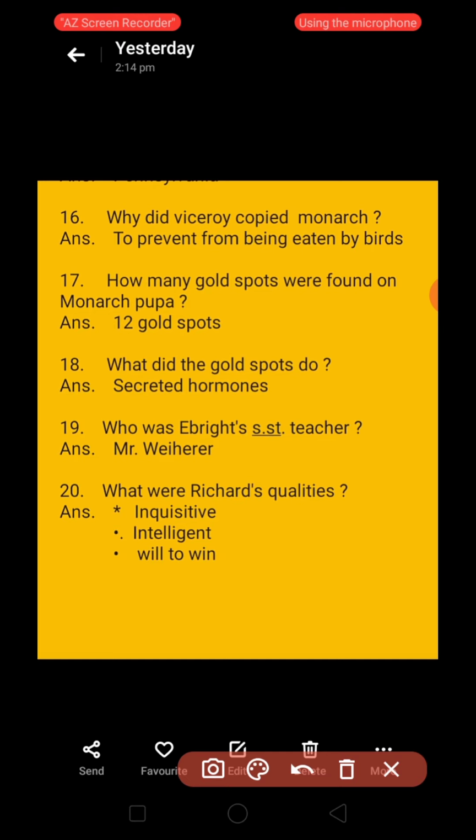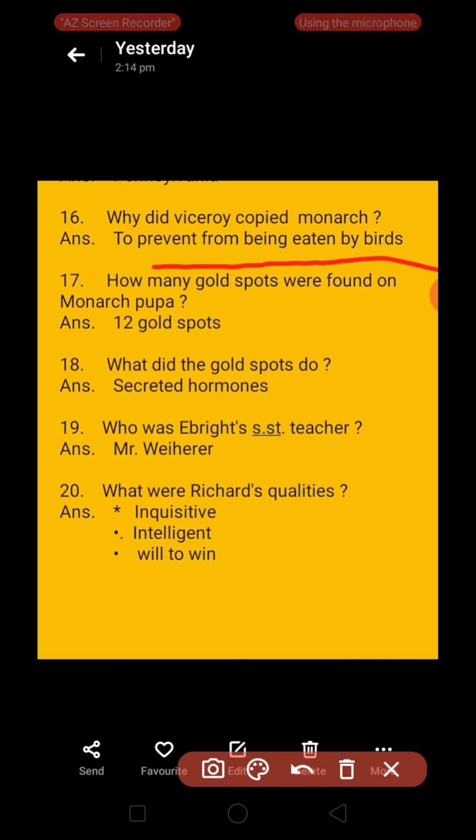The viceroy was liked by the bird, that is, the bird used to eat the viceroy. So the viceroy butterflies tried to copy the monarch so that they could prevent being eaten by the bird.